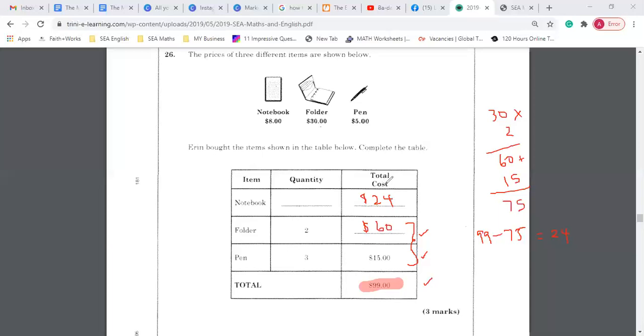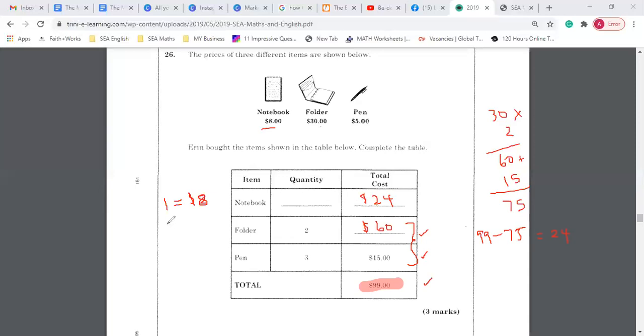You can double check. 24 plus 60 plus 15 will give us back $99. So the total cost of the notebooks is $24. One notebook... sorry, what am I saying? One notebook is $8.